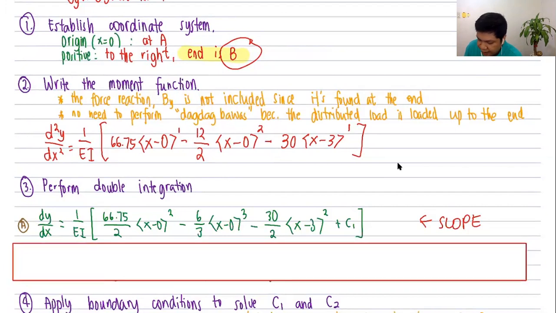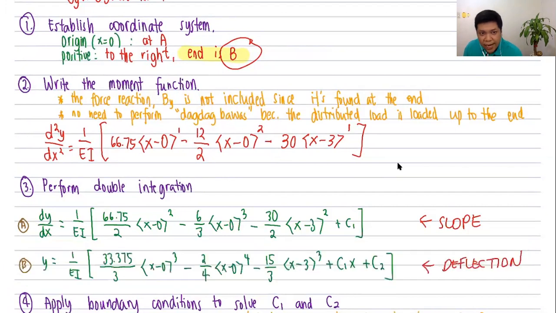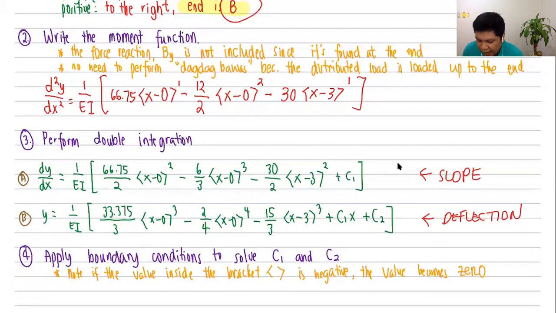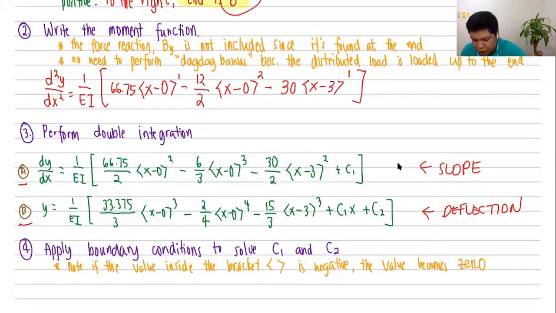Then I integrate further, and I now have the equation of my elastic curve. Let me call the slope equation as equation A and the deflection equation as equation B.